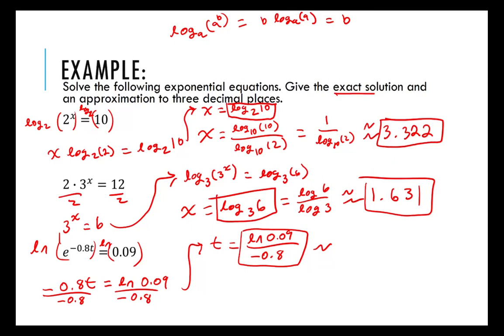So that's the natural log of 0.09 divided by negative 0.8. Approximating to 3 decimal places, I then get that this is 3.010. For the record, I got 3.0099, but this 9 here pushes this 9 to 10, which then makes it 3.010.